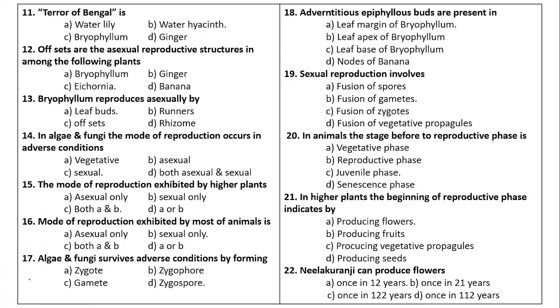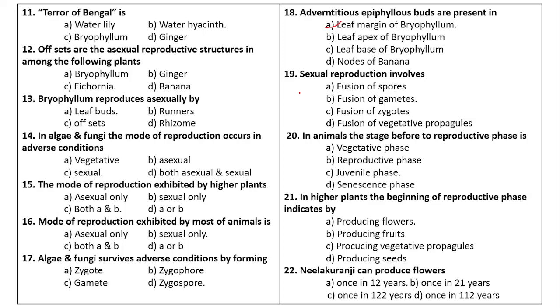The next one: sexual reproduction involves dash. Option A, fusion of spores. Option B, fusion of gametes. Option C, fusion of zygotes. Option D, fusion of vegetative propagules.